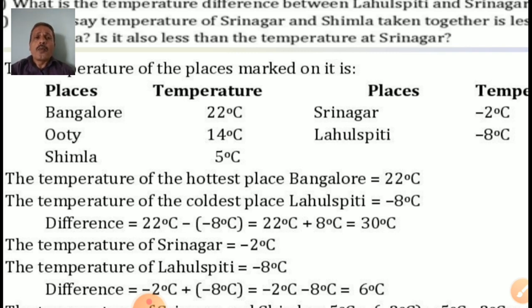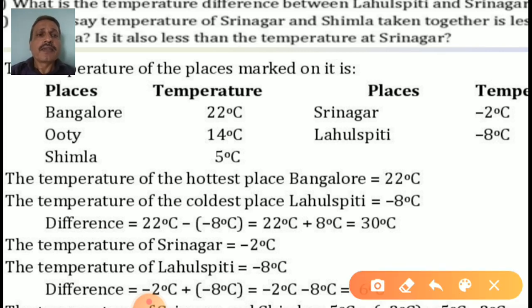Now, what do they ask us? The difference in temperature. So students, what do we have to do? We have to subtract the coldest from the hottest. The hottest temperature is 22 degrees centigrade and the coldest is -8. So 22 degrees minus -8 degrees centigrade is the value.